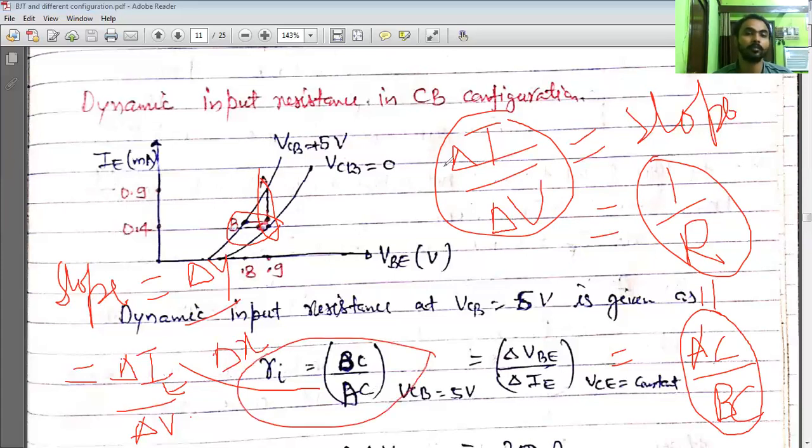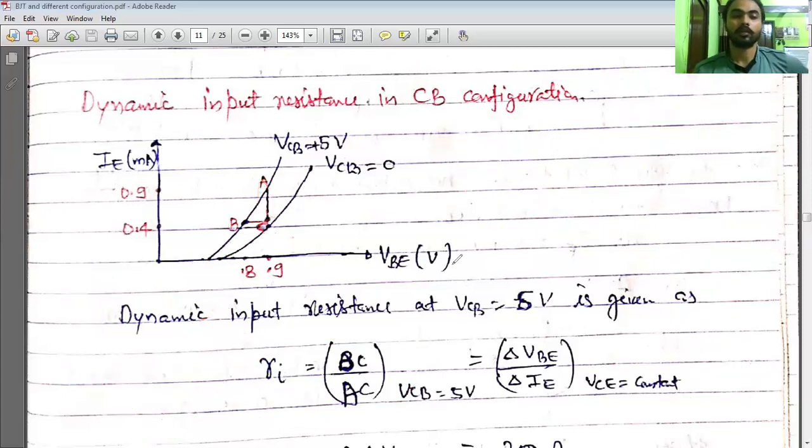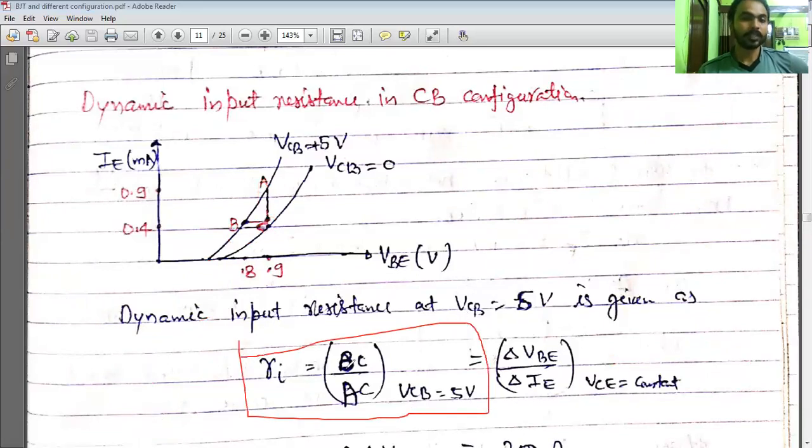That's simple mathematics. Removing all these intermediate points, we come directly to here. Resistance is given by BC by AC, that is the change in voltage, because BC is the change in voltage, and AC is the change in the input current, that is delta I.